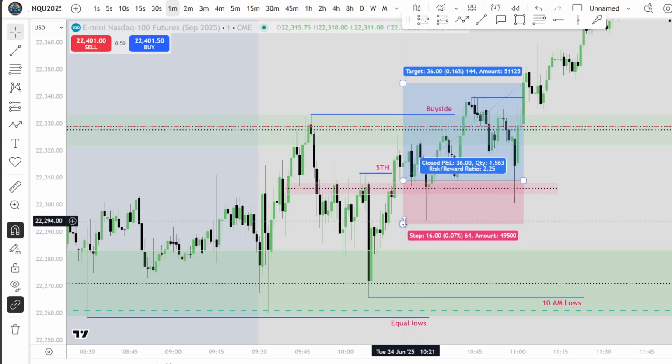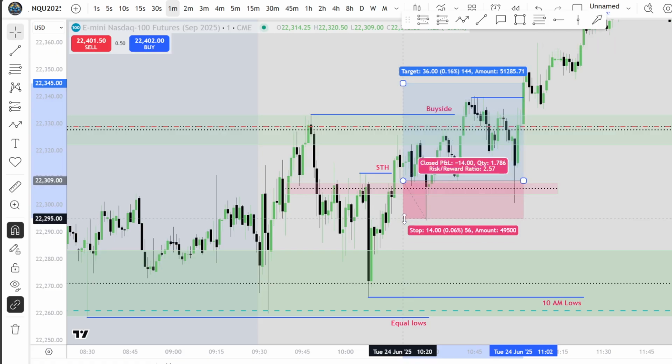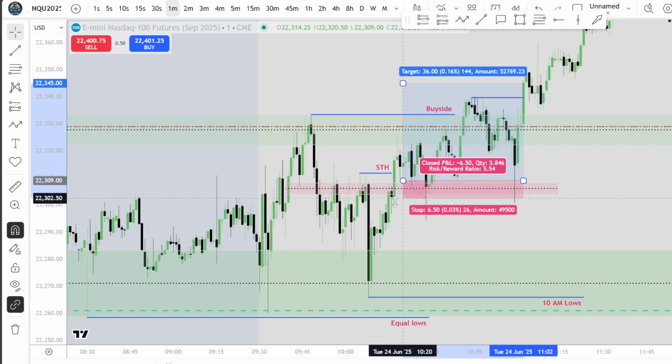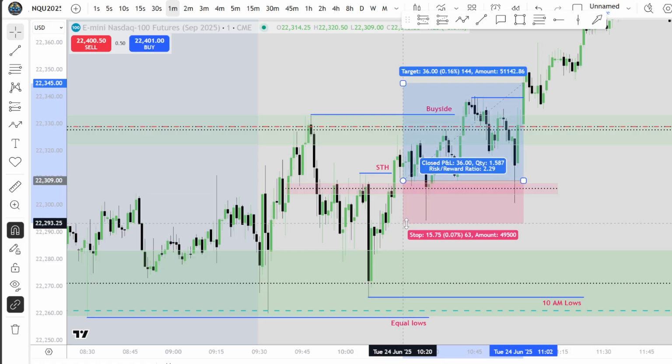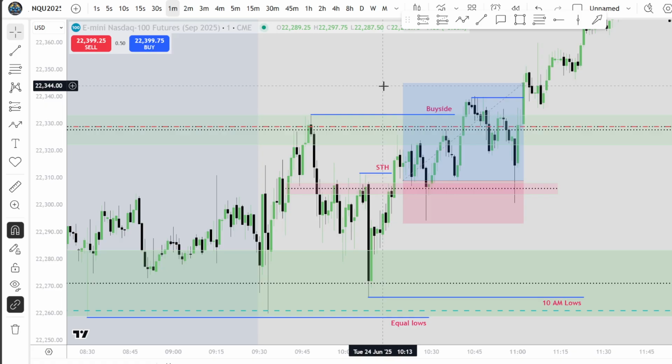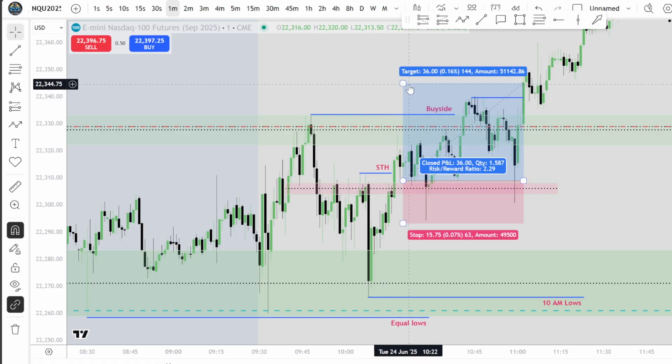The stop loss should have been like 3 PD arrays away. So we have the fair value gap low candle, then we have the CE of this wick, and then we have the order block here. That will save us the stop loss by 1 tick or so. And we will have our ordinary risk to reward, that is 2.25 R.